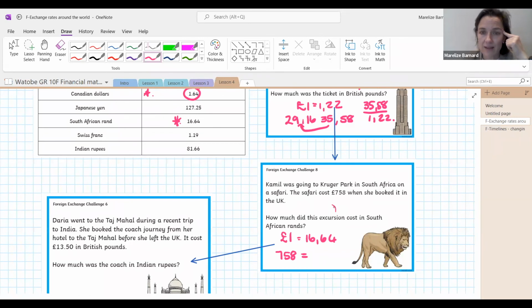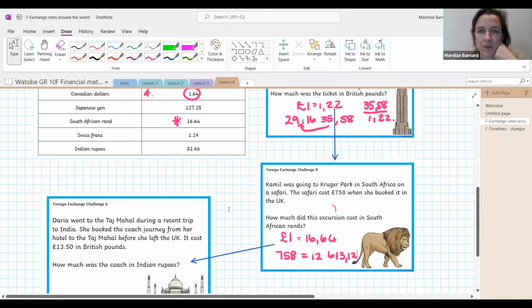And that's right. I agree with that. We're going to take our 758 and times it by the rands, which is 12,613,12. Good stuff. Well done, everybody.